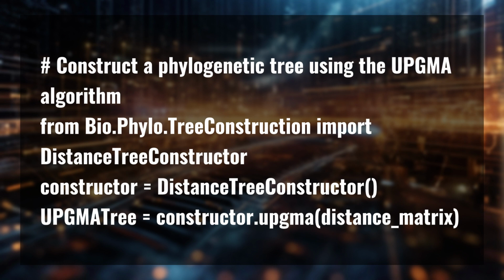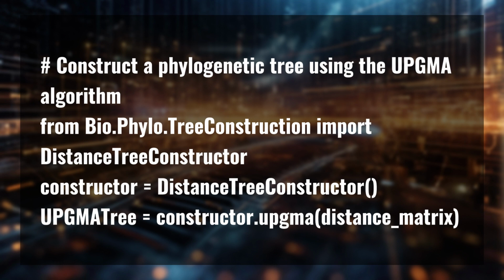So what we are doing here is tree construction using the UPGMA algorithm. First of all, we are importing from Bio.Phylo.TreeConstruction the DistanceTreeConstructor, in which we are saying constructor is equal to DistanceTreeConstructor. Whenever we say DistanceTreeConstructor, we are just calling this particular function: come, calculate this distance for me.